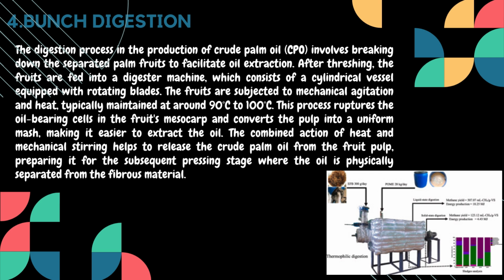This process ruptures the oil-bearing cells in the fruits' mesocarp, and converts the pulp into a uniform mash, making it easier to extract the oil. The combined action of heat and mechanical stirring helps to release the crude palm oil from the fruit pulp, preparing it for the subsequent pressing stage where the oil is physically separated from the fibrous material.